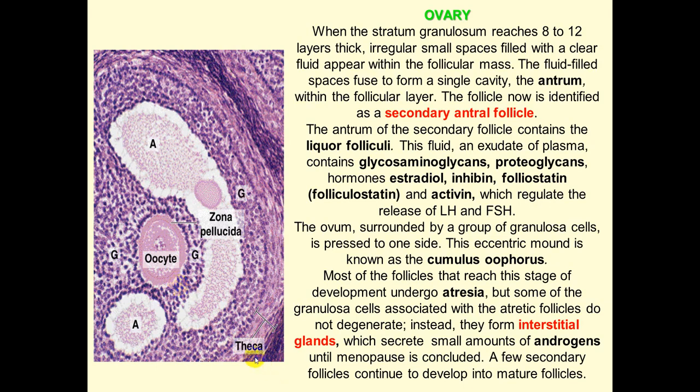as the so-called interstitial gland, and this interstitial gland can live in the cortex of the ovary for a long time, produce androgen hormones, and live until menopause, so many years.